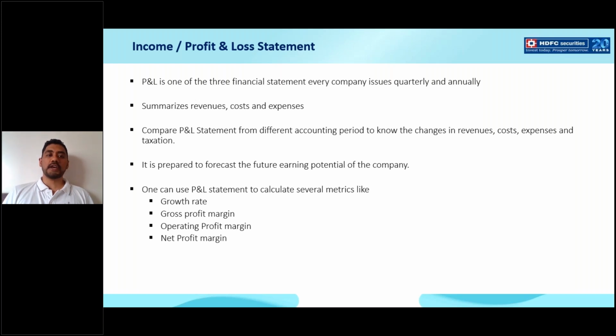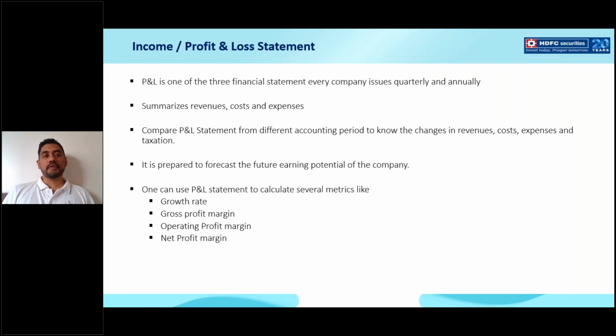Every listed company has to issue a P&L statement every quarter. We need to compare the P&L statement from different accounting periods to know the changes in the various components of the profit and loss account, like revenues, cost, expenses. So we get a view of which parameter is changing and at what rate it is changing.